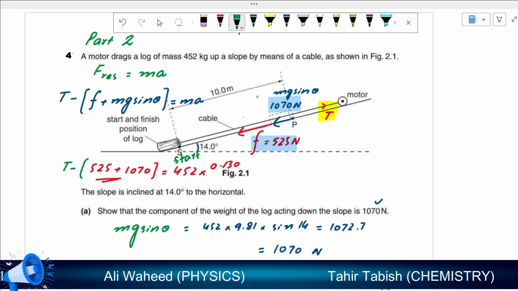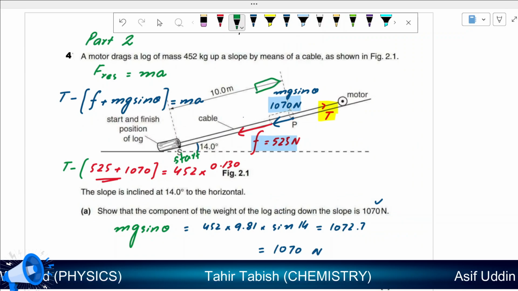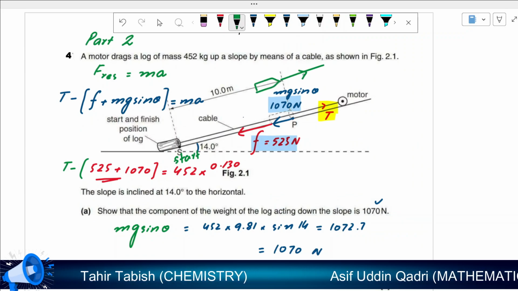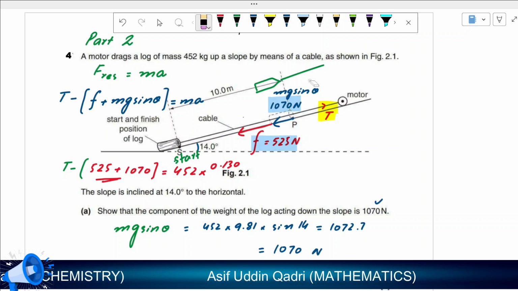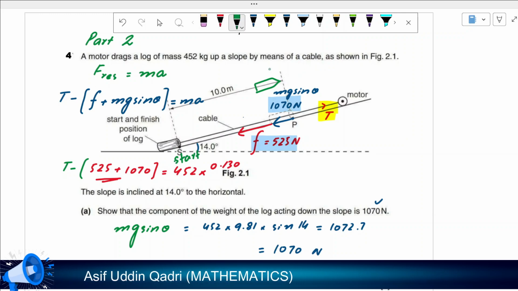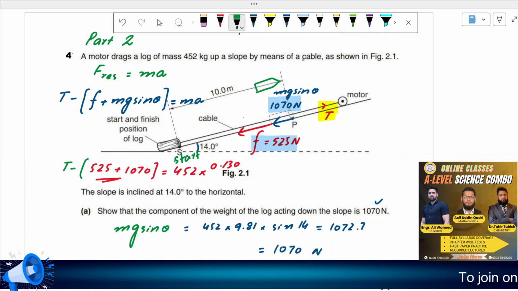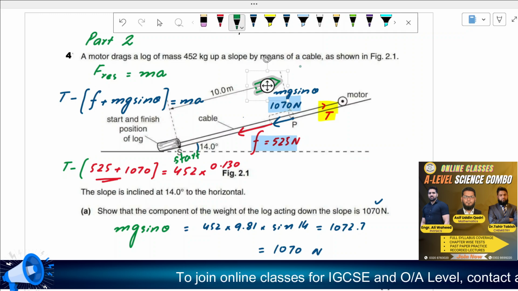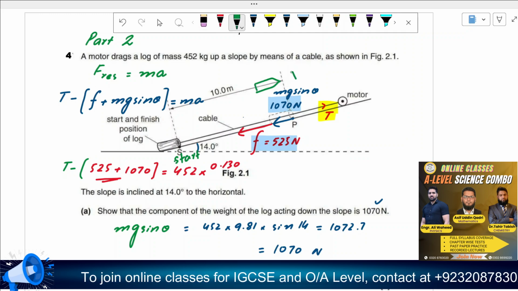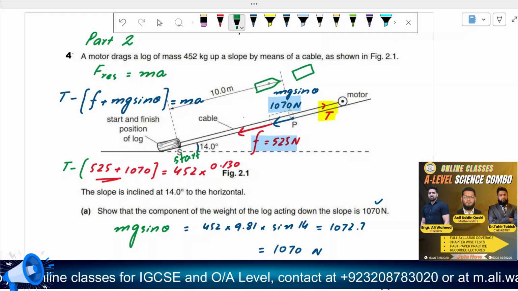The log goes till this point and then the cable is broken. So there is no tension, there is no forward force, there is no force by the motor to move it upward. So its speed would decrease and decrease and it would eventually be reduced to 0, probably as it reaches this point.